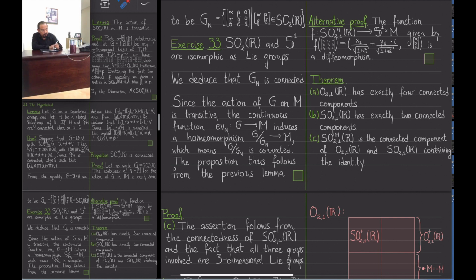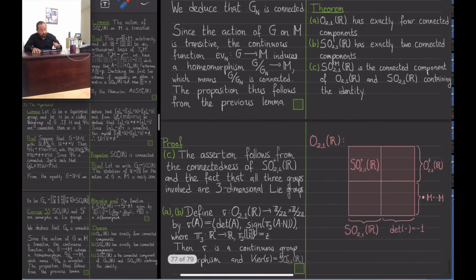Then this one we know is connected, and it would be desirable that this is already the connected component of the identity, both here and here, so that nothing in either of these groups that is connected to the identity is missing, that we haven't missed any such element.